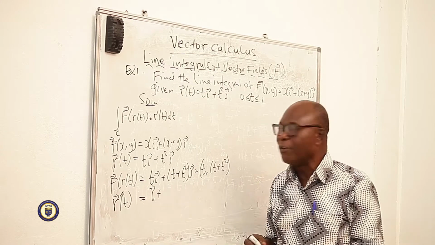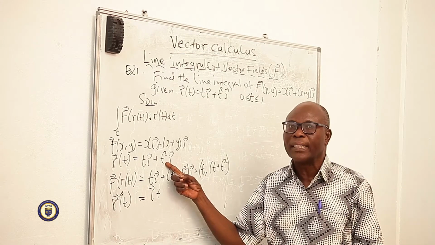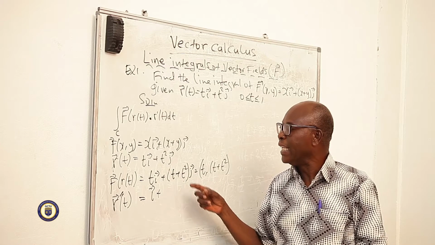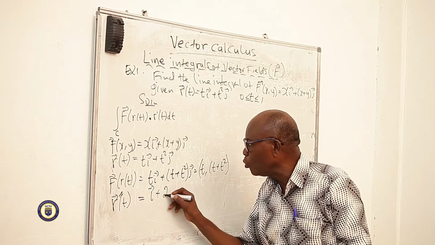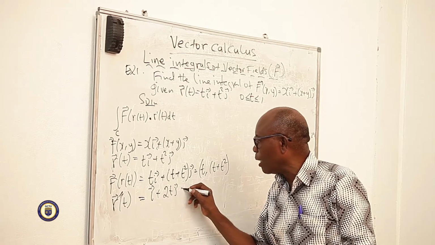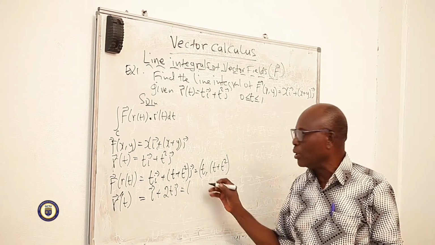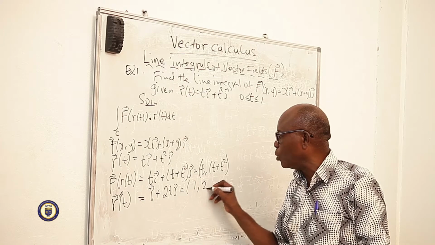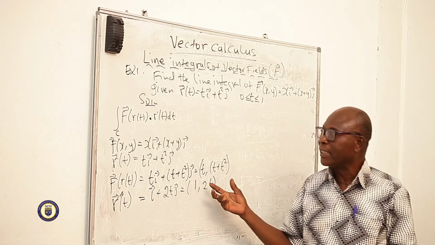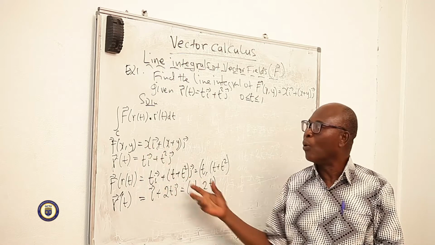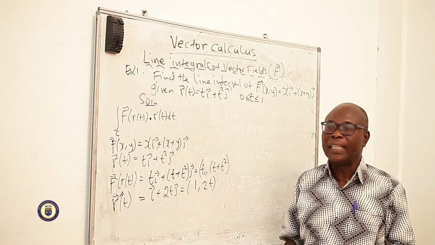Then plus, if you differentiate t squared with respect to t in the j direction, that will give us 2t j. So we can put it into bracket form: 1 and 2t.